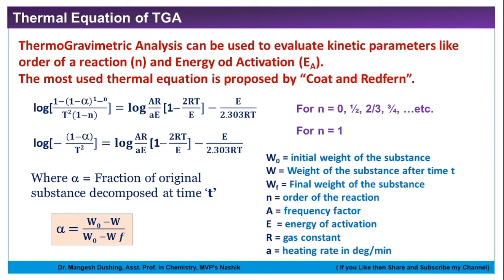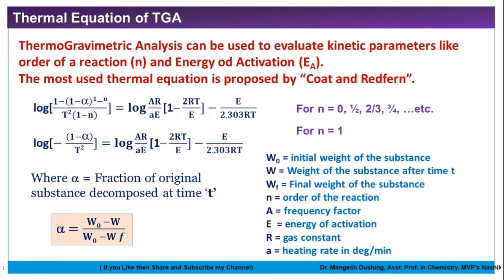Friends, if you plot the graph of this value versus 1 upon T for n equal to 0, 1/2, 2/3 and 3/4, as well as if we plot a graph of log of minus log (1 minus alpha) divided by T square versus 1 upon T for n equal to 1, then the plot is a straight line having an intercept with negative slope.